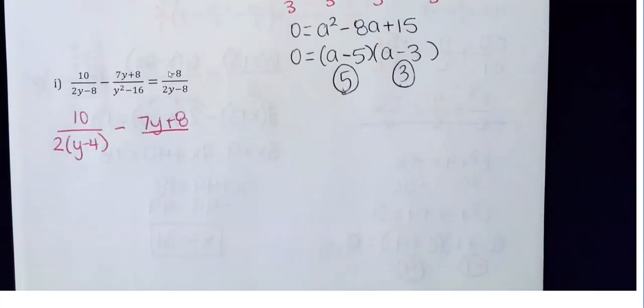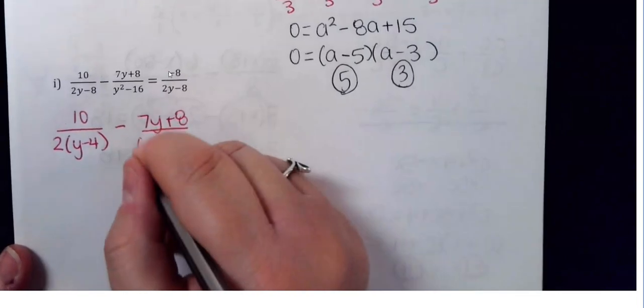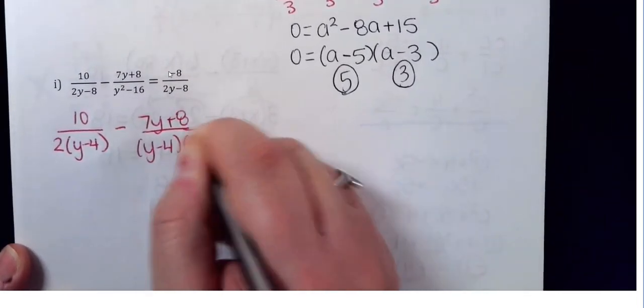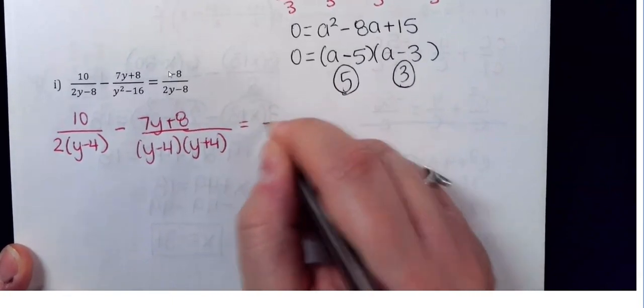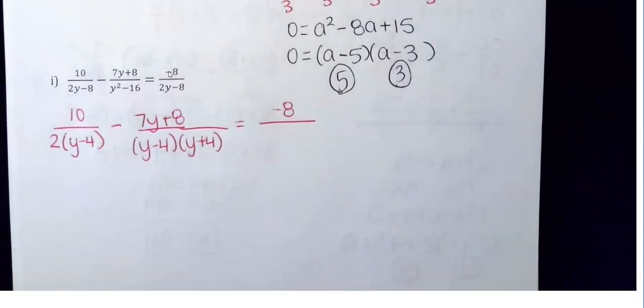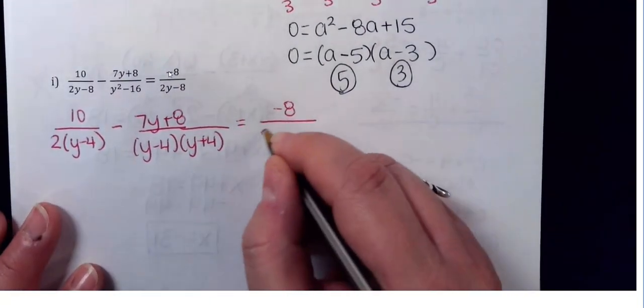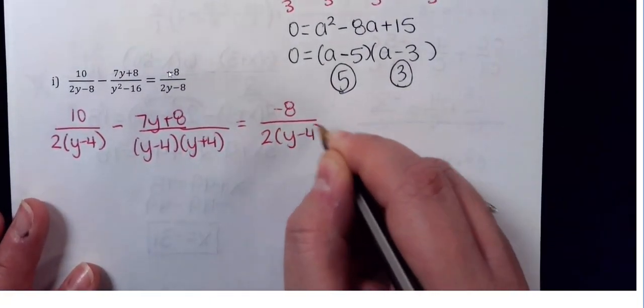Can you think of 2 numbers when you multiply them, you get -16, they add up to 0? Yes. Okay, so one is y minus 4, one is y plus 4. Okay, and then the fraction on the other side, that would actually just factor identically to what I had over here, right? Because it's got the same thing, so I'm going to do 2 times y minus 4.